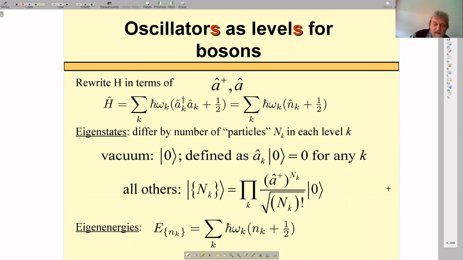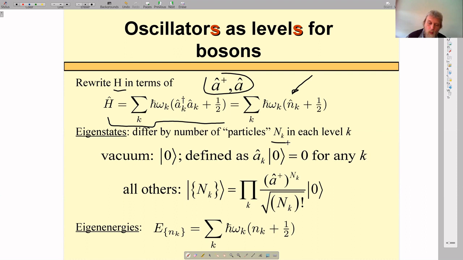We can rewrite the total Hamiltonian in terms of these operators, and the result is just a sum over individual oscillators of the set. For each oscillator, we have an individual number of particles in this particular oscillator, n_k, and that characterizes an eigenstate of the oscillator, a basis state in Fock space.